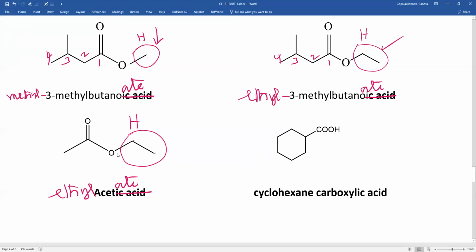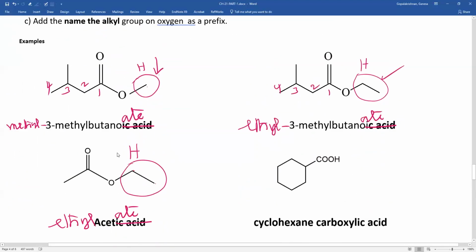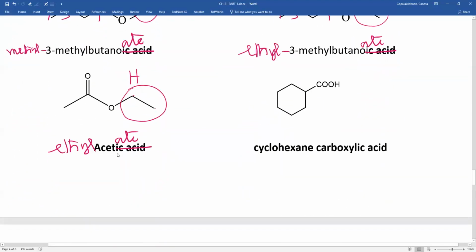What about in carboxylic acid's name? There also you are going to replace OIC acid. This is, oh, I'm sorry. This is a carboxylic acid. So this is OCH3. That is an ester.